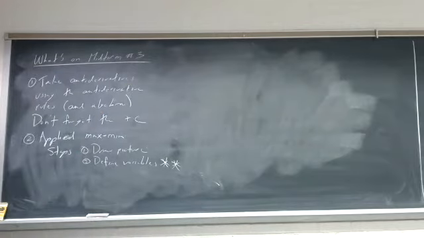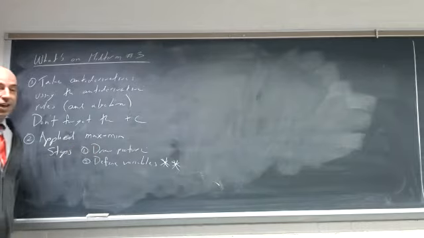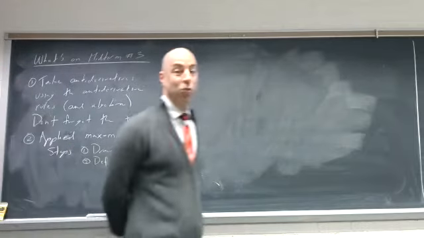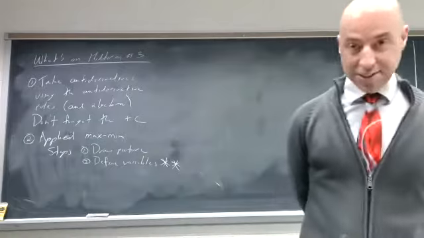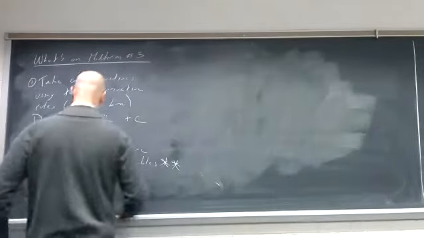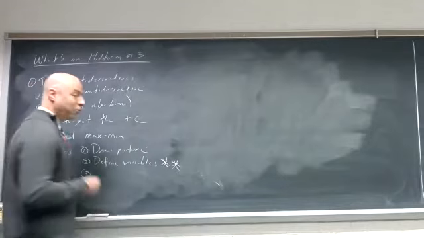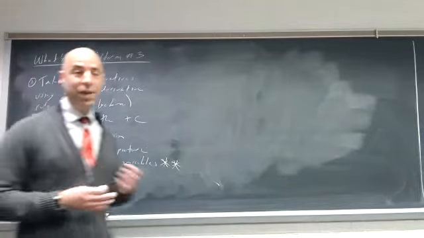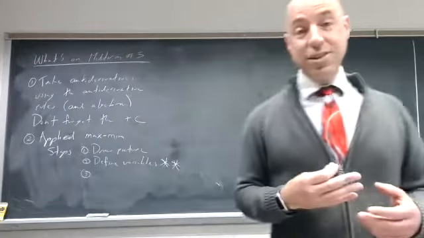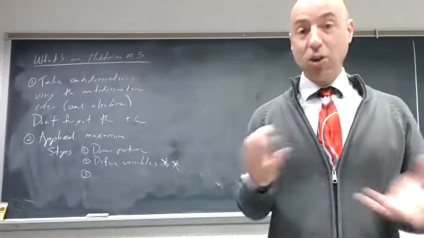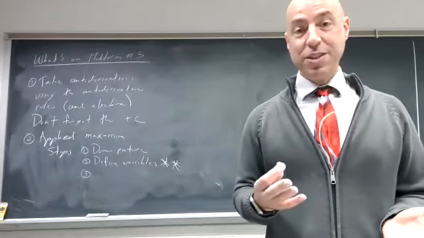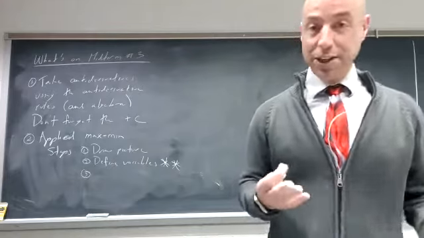If you can get as far as drawing a picture and defining your variables, I think you have a really good shot at getting the rest. So remember, when you're defining your variables, one of the variables is going to be the thing that you have control over, and the other is going to be the thing that you're trying to make as big as possible or as small as possible.